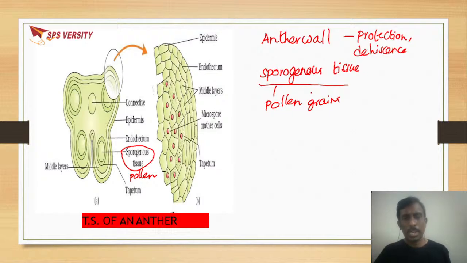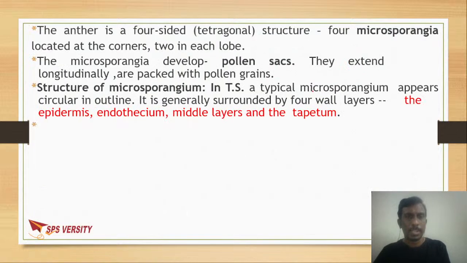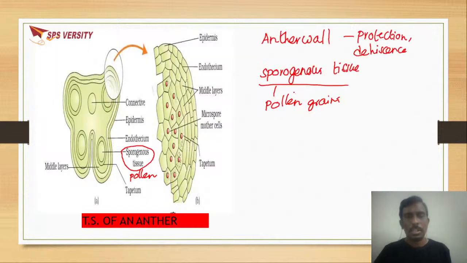So when you come to the anther wall, the anther wall is made up of 4 layers. When you start from outside, it is made up of epidermis, endothecium, middle layers, and the innermost layer is epithelium.